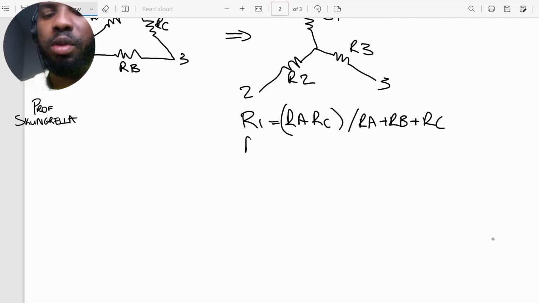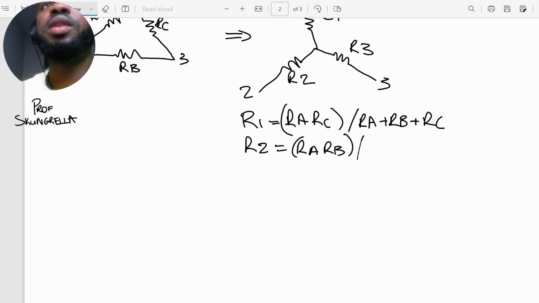Likewise, R2 is going to be equal to RA times RB over the same thing, RA plus RB plus RC.